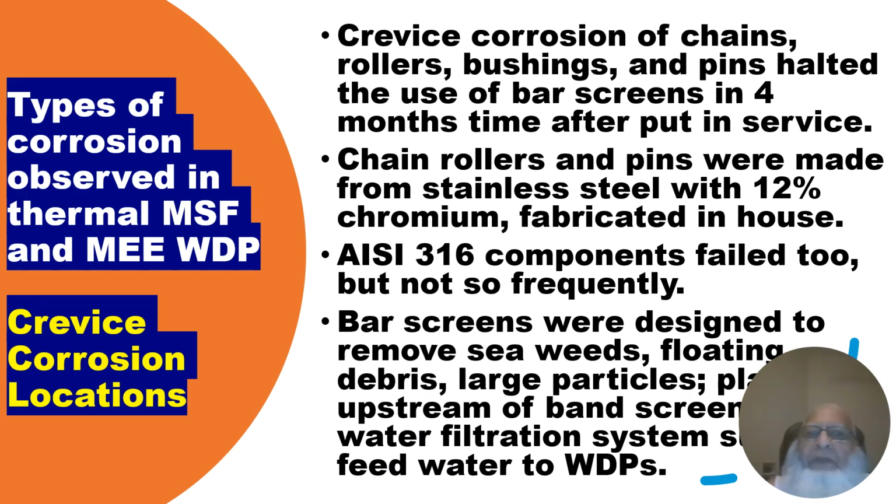Chain rollers and pins were made from stainless steel with 12% chromium fabricated in-house. AISI 316 components fail too, but not so frequently. Bar screens were designed to remove seaweeds, floating debris, and large particles, placed upstream of the band screen in the water filtration system, supplying feed water to the water desalination plants.